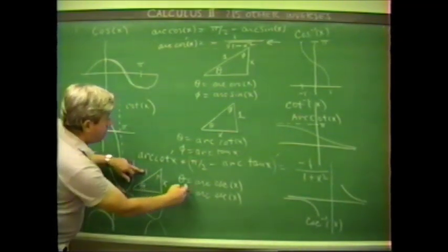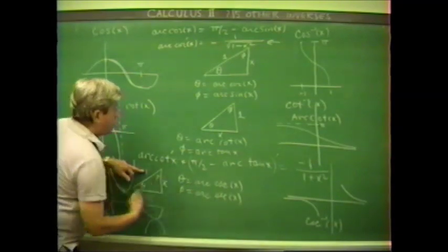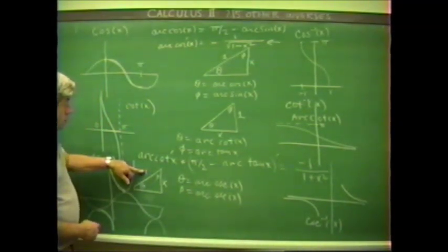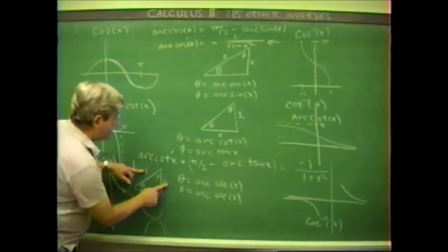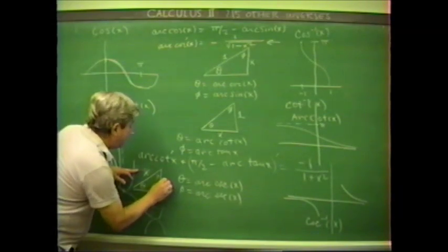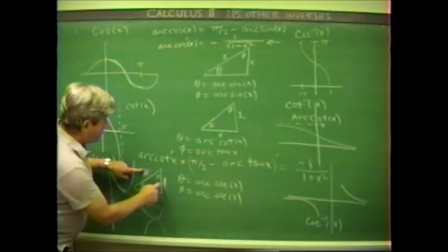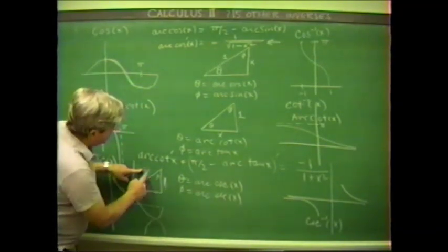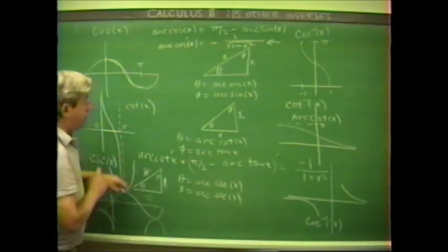Theta now is the angle whose cosecant is x, and phi will be the angle whose secant is x. X to 1.